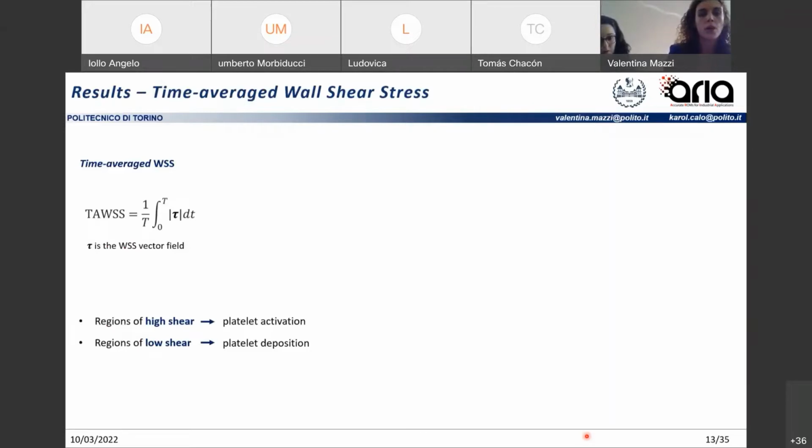First, we computed the time average wall shear stress magnitude, as the exposure to low wall shear stress is widely recognized as a marker of disturbed flow and promoter of vascular disease. In particular, in studying the hemodynamics in abdominal aortic aneurysm, it has been proposed that platelets activate in regions of high shear and then accumulate in regions of low shear stress.